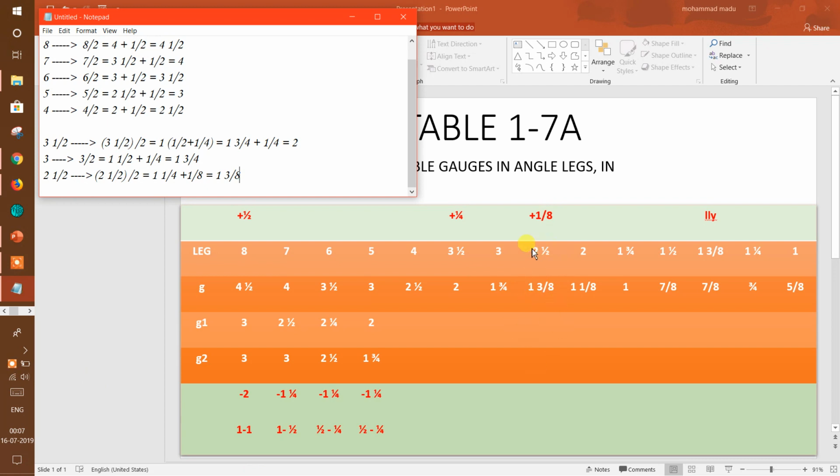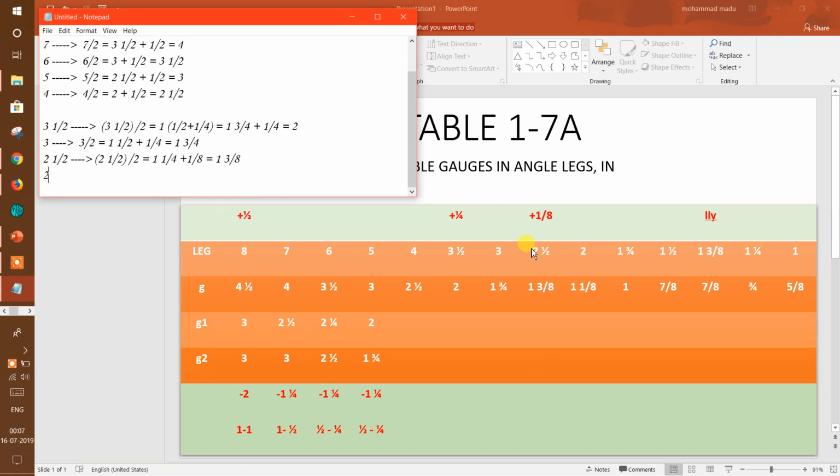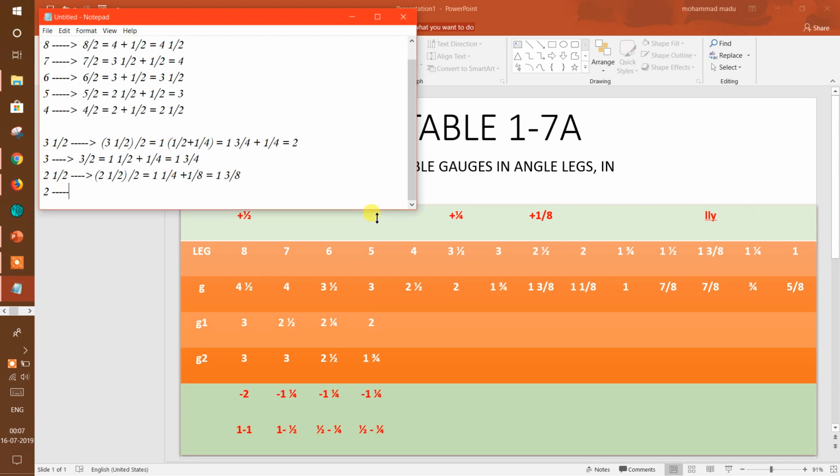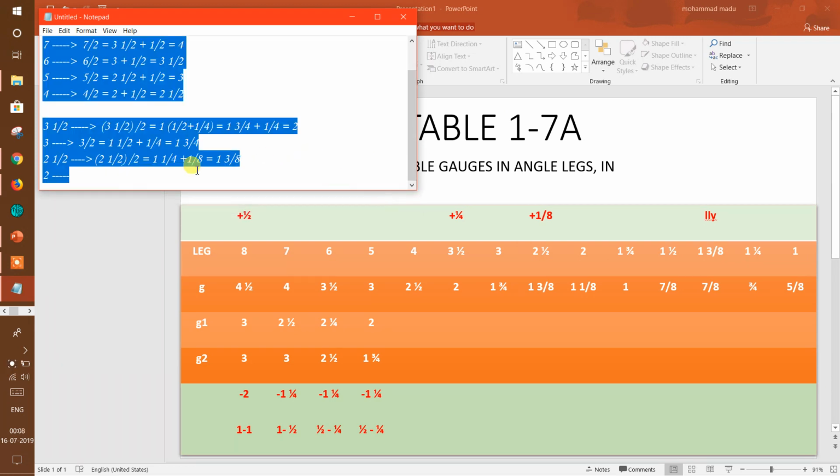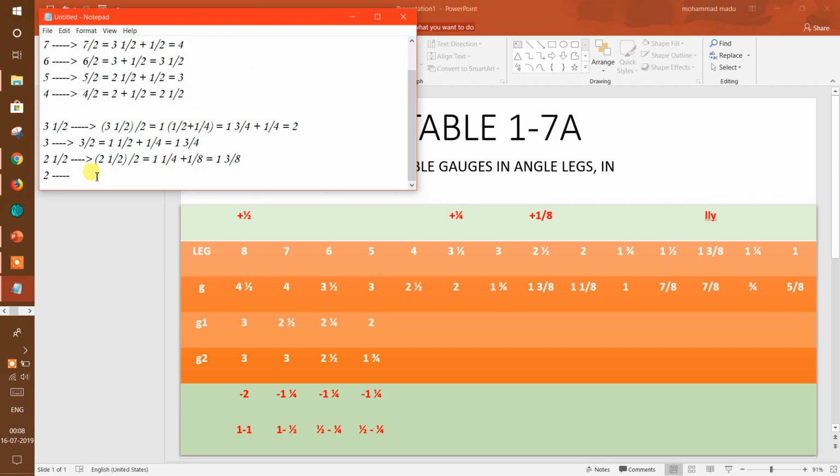And when coming to 2, sorry guys, I couldn't zoom in, so we can compromise with this.